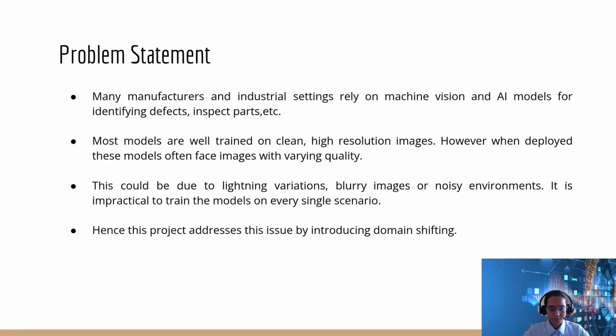However, when these models are deployed, the images received by the model differ significantly. There could be lighting variations due to the environment of factories, motion blur due to moving cameras or if the parts are on a conveyor belt, sensor noise, background changes, and because of this, even well trained models may perform poorly when deployed in production.